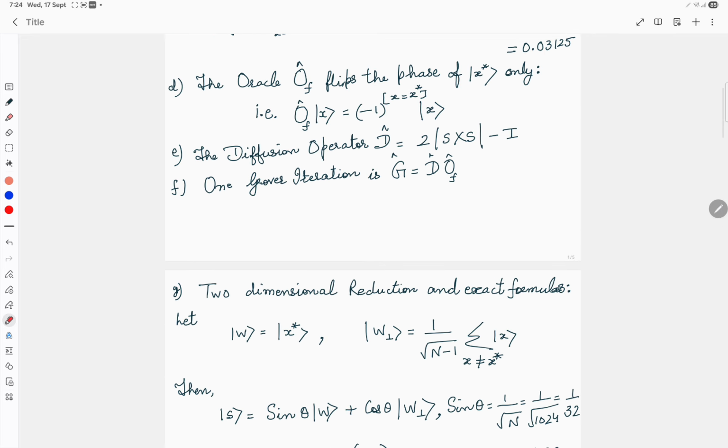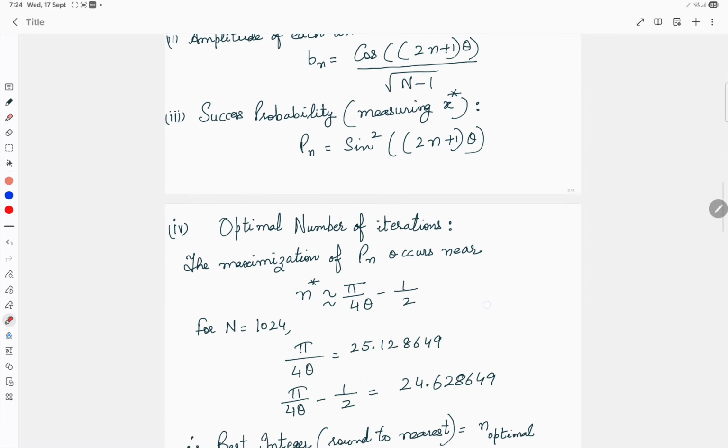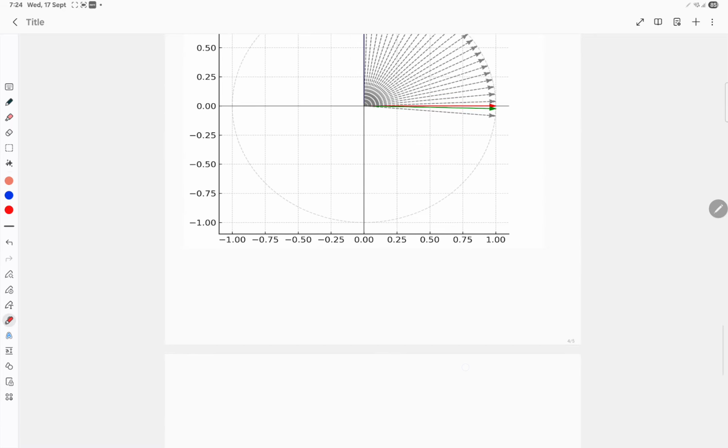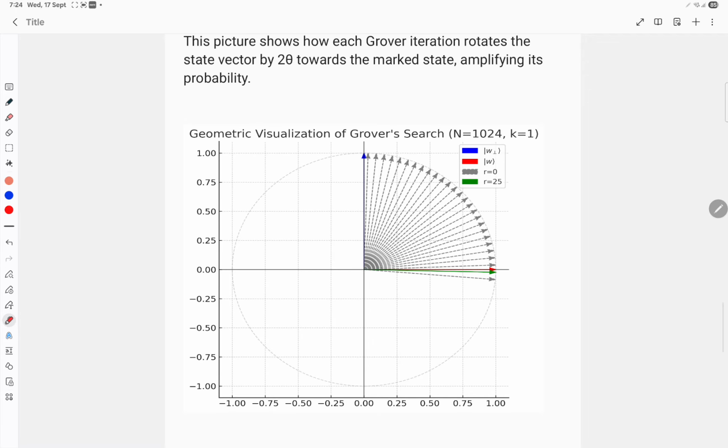So therefore it will enhance the probability of the target state and suppress the probability, the likelihood, of other states which are less likely. So this is the solution of this problem, and if we understand Grover's algorithm, we'll be able to solve any problem related to this kind of data.